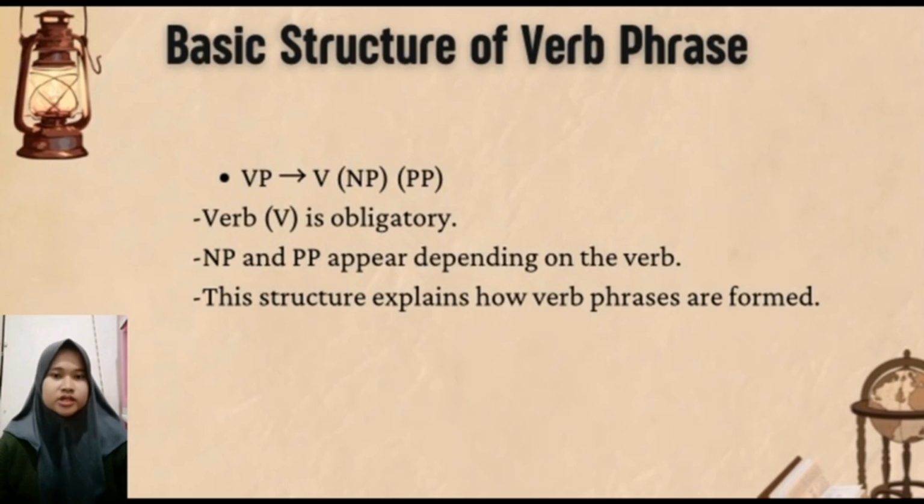This basic structure helps us understand how verb phrases are formed before examining the specific subcategories of lexical verbs. After understanding the basic structure and characteristics of verb phrase, we can now examine how lexical verbs are classified based on the types of complement they require. And for the next, my partner will explain the subcategories of lexical verbs.